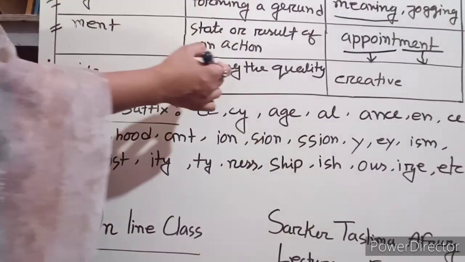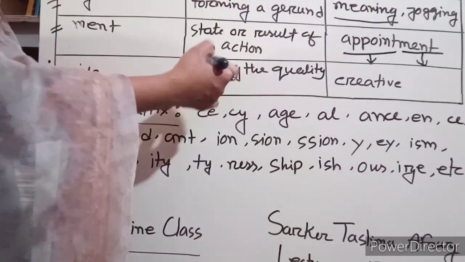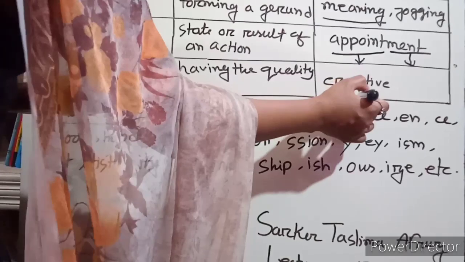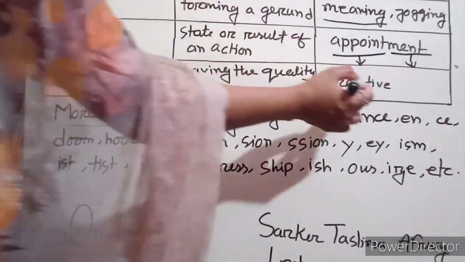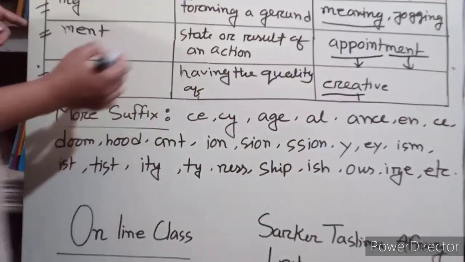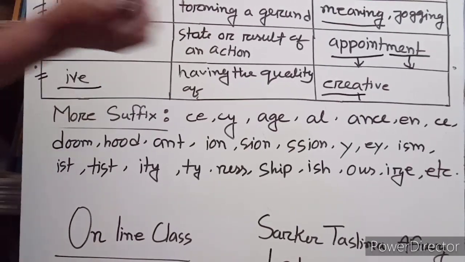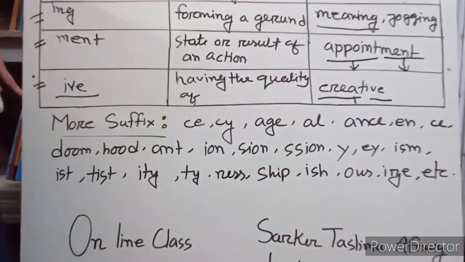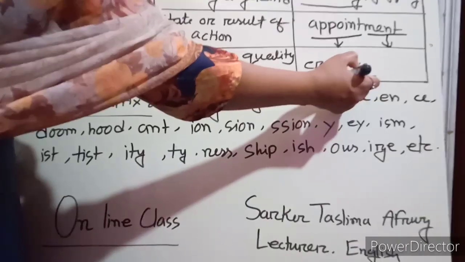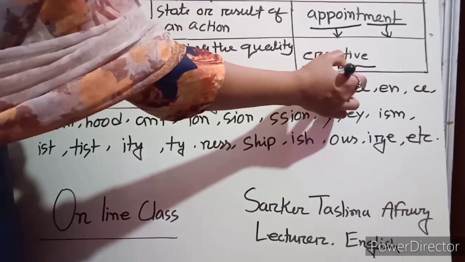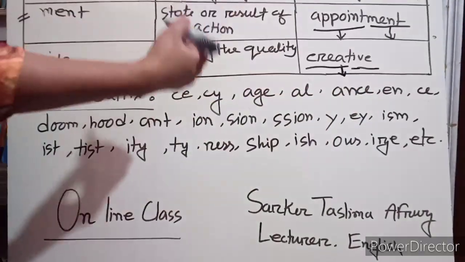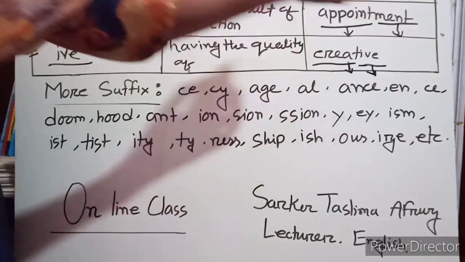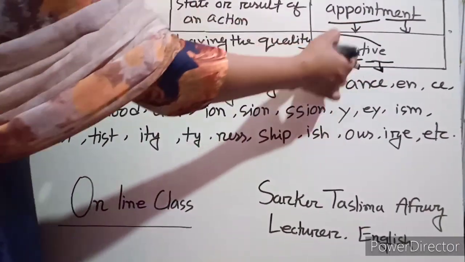That means here ive means having the quality of something. Example, creative. My root word was create, and I added here ive. So my new word is creative.